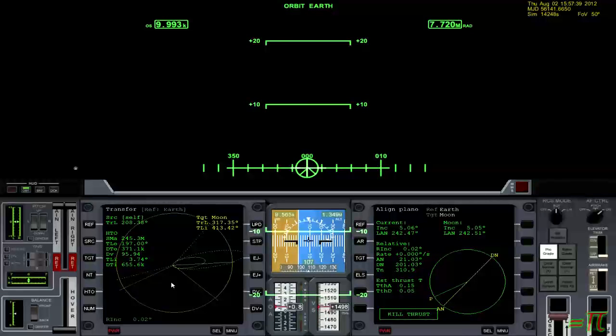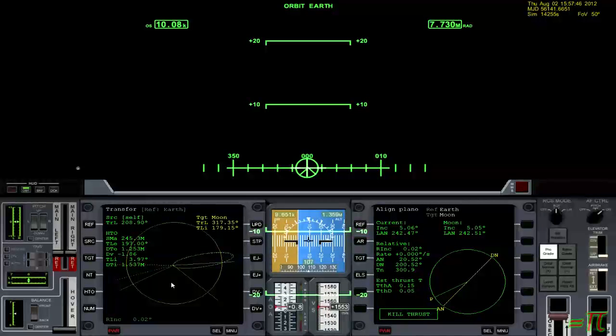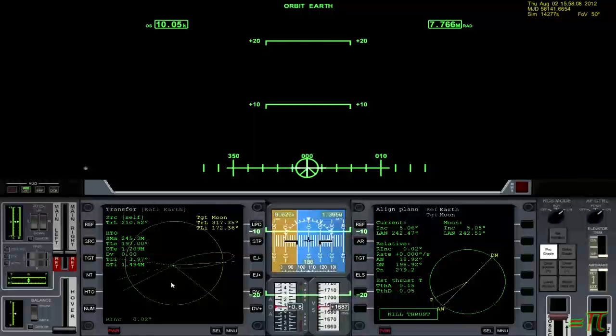That and the delta V number. Okay, not bad. Overshot just a little bit, but I can use translation thrusters to correct it. Perfect. Dead zeros.